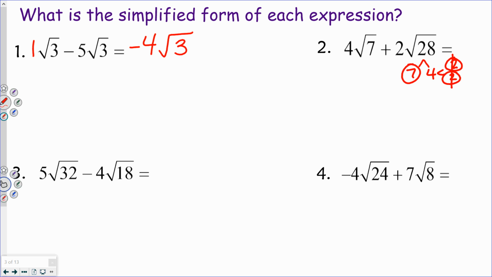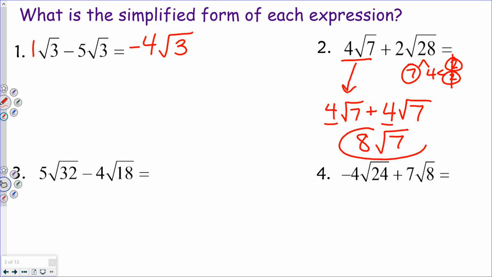So I have a pair of 2's, so 2 and the 2 that's already there. It's going to be 4 radical 7. Just bring down this other part. Now can I put them together? Yes, now I can. The radicals are the same, so that stays, and then 4 plus 4 is 8.